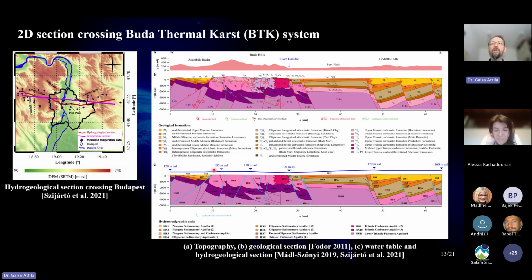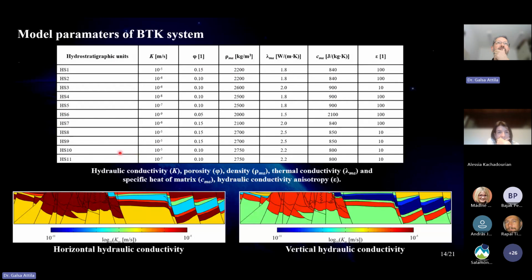The water table elevation was measured in wells, and the geological formations were grouped into 11 hydrostratigraphic units, which were characterized by parameters based on measurements and the literature. So the model parameters of the 11 hydrostratigraphic units are tabled here.